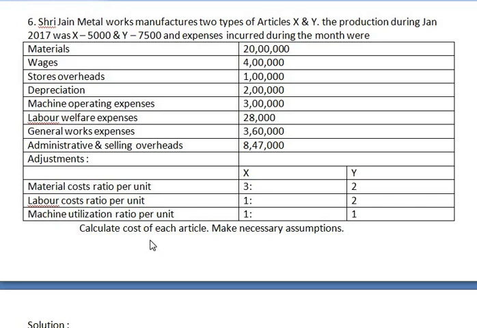Now, this company is manufacturing two articles X and Y. But here, whatever expenses they have given, it is common expenses. So these expenses have to be distributed between X as well as Y. For this, they have given us a clue: material cost ratio per unit is 3:2, labor cost ratio per unit is 1:2, machine utilization ratio per unit is 1:1.